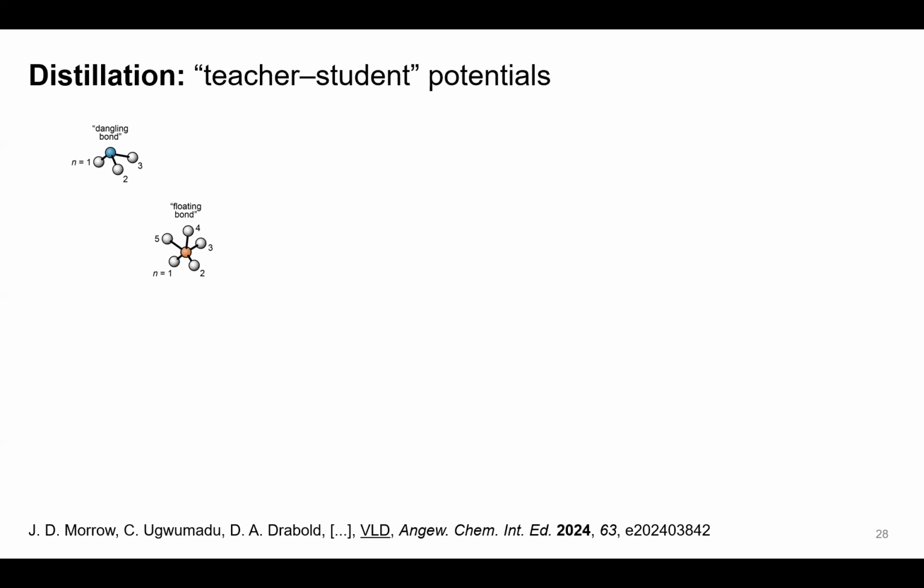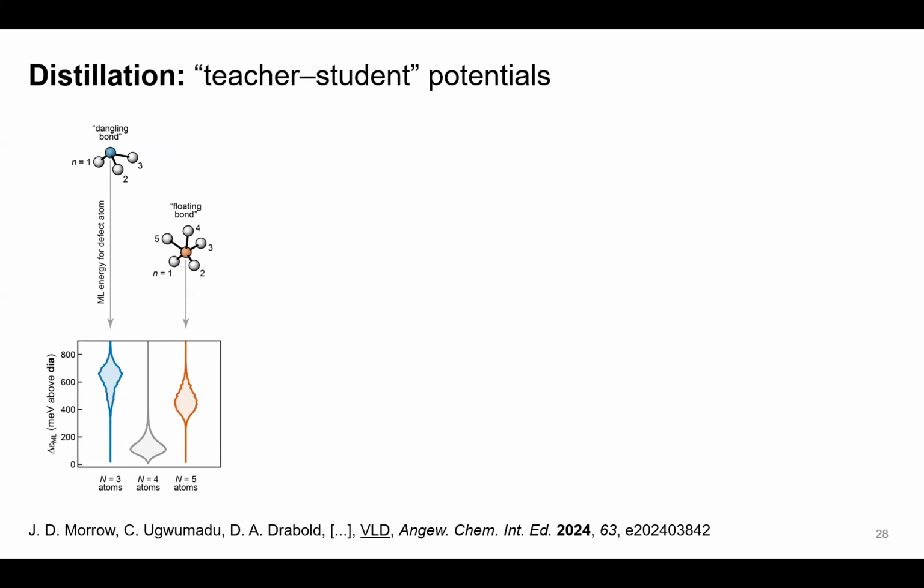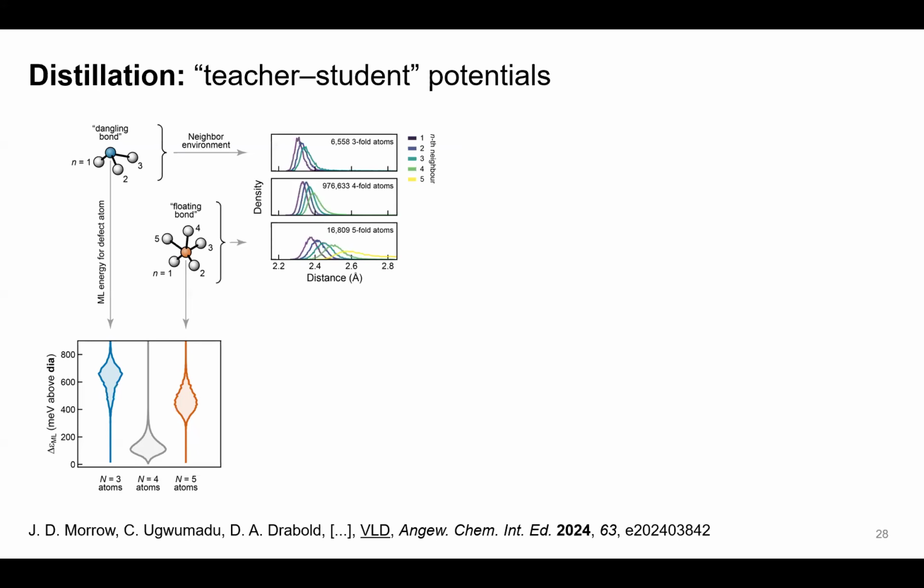So you've got these dangling bonds here in blue, or floating bonds, as people call it, so 5 neighbors. In particular they have quite high energy, and they occur on the scale of maybe 1 or 2% in total.